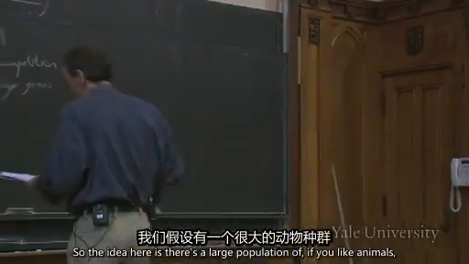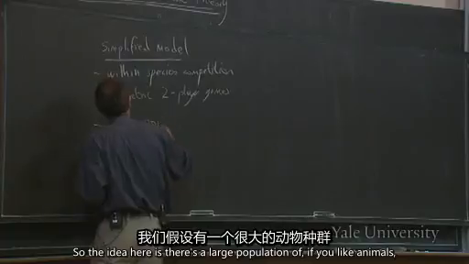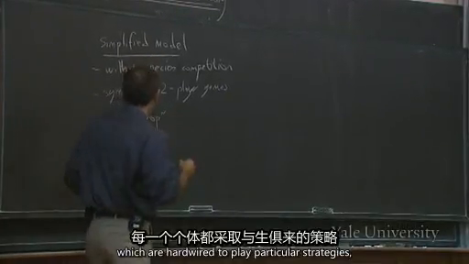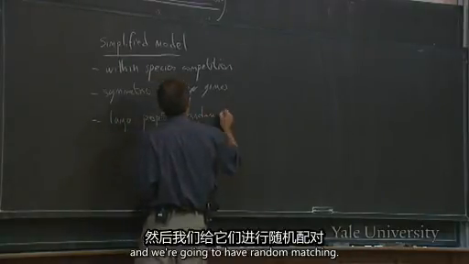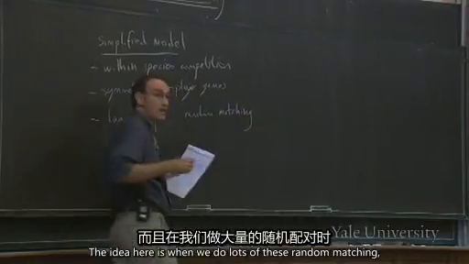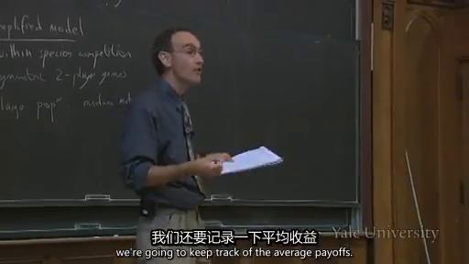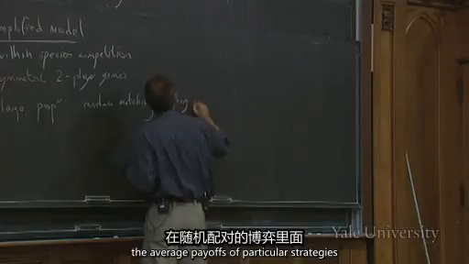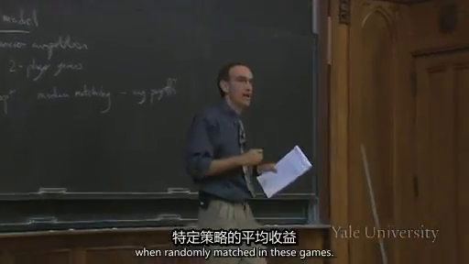All right? So the idea here is there's a large population of, if you like, animals that are hardwired to play particular strategies, and we're going to have random matching. And when we do lots of this random matching, we're going to keep track of the average payoffs. So what we're going to focus on are the average payoffs of particular strategies when randomly matched in these games.